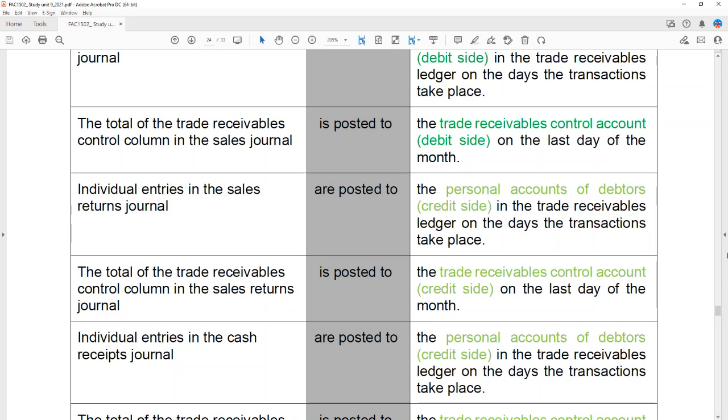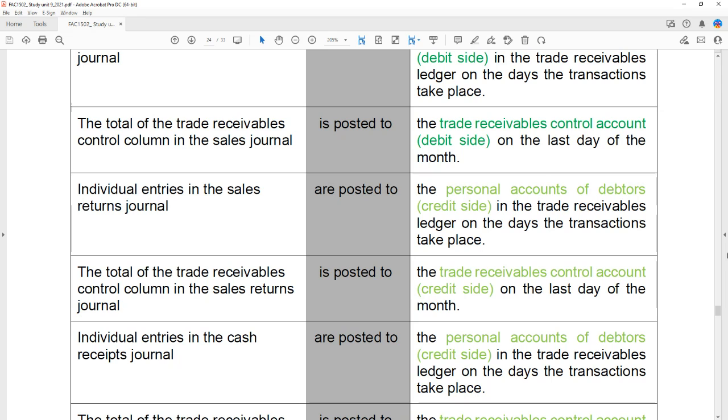Now, remember the sales returns journal, we use that to record the transactions when our debtors send back the products that they bought from us. Either it's because the item was broken, or it's the incorrect item, so there was something wrong with the specific item that they bought from you.